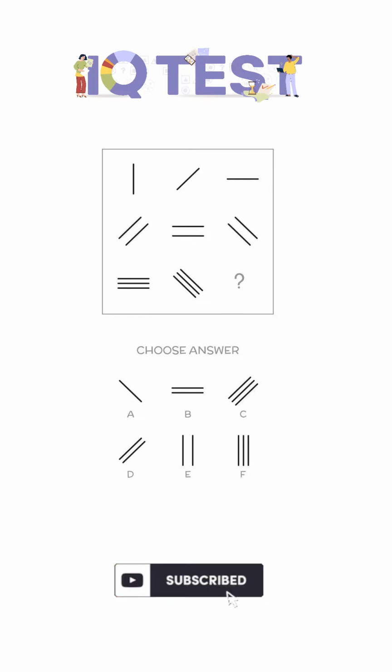So look at it. The first one has 1 stick, but it is rotating clockwise. The second one has 2 and it is also rotating clockwise. So the third one will also rotate clockwise. And the final answer will be F. So F is the correct answer. Awesome. So let's look at the next one.